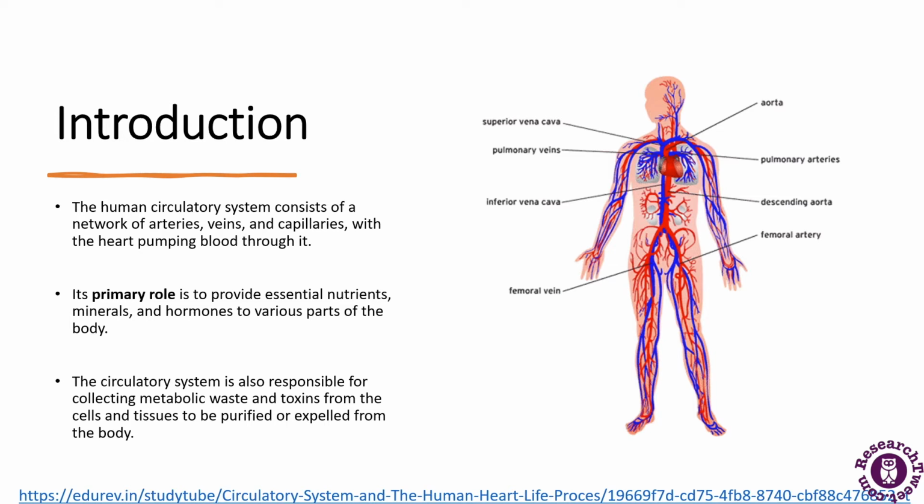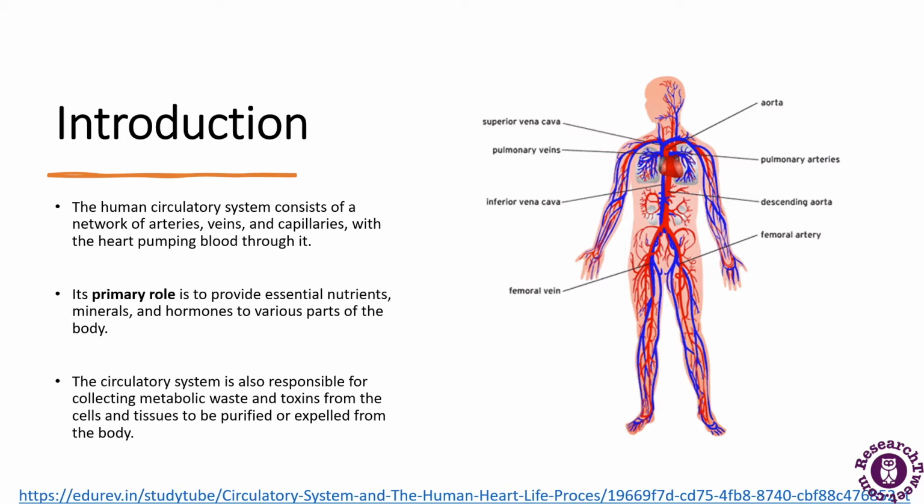So the role of transportation is undertaken by the human circulatory system, in which there is a moving of essential nutrients and minerals throughout the body and of metabolic waste products away from the body. Now we will discuss the human circulatory system.